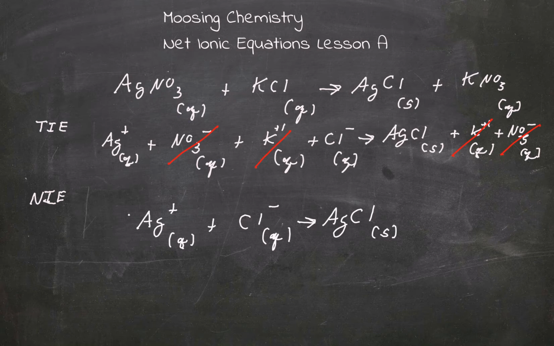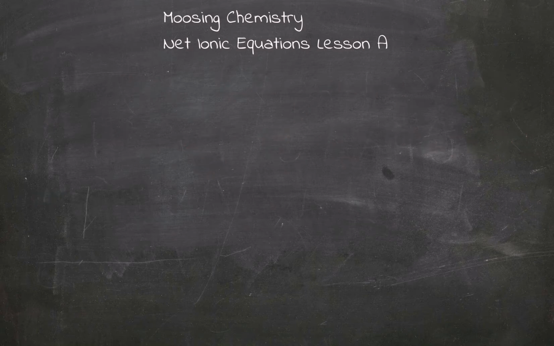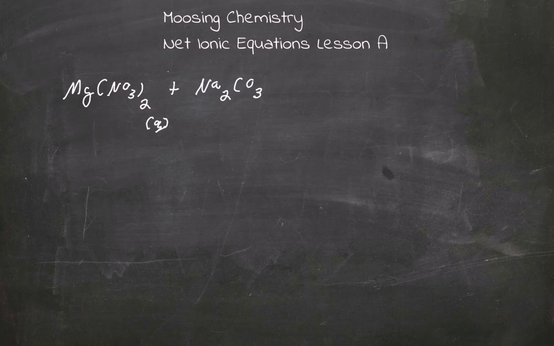So let's clear all these drawings. Our next equation we're going to write is MgNO3 plus Na2CO3. Of course, this is aqueous. Sorry about that.